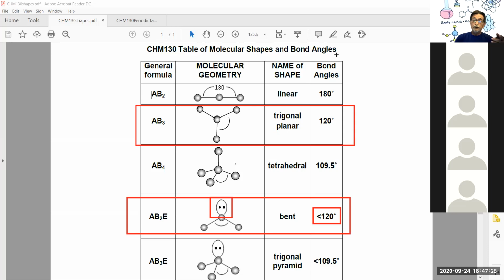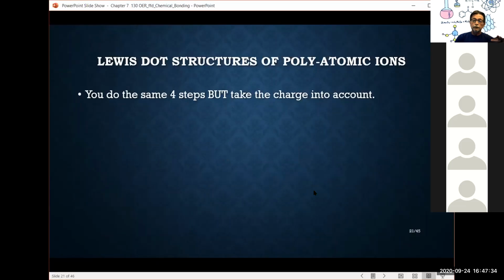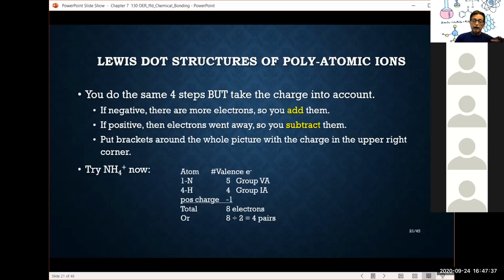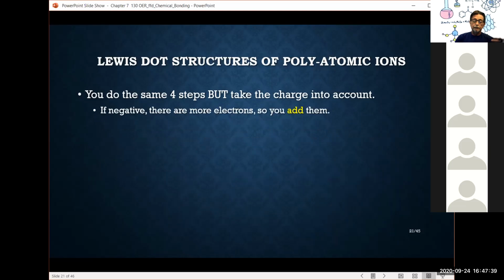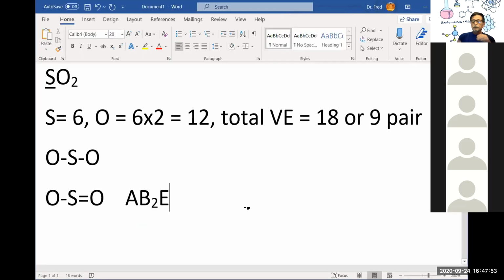Once we figure out the structure, we can now determine the polarity of this compound.